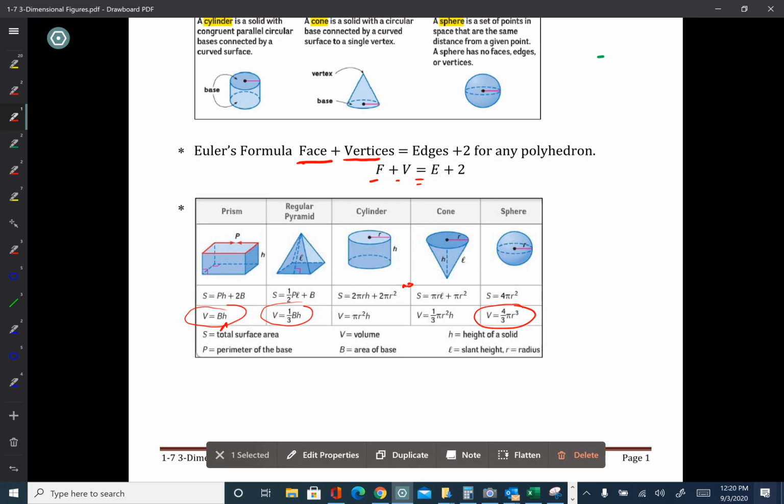Volume of a cylinder is pi r squared h, or big BH. Volume of a cone is 1/3 pi r squared h, or 1/3 big BH. And volume of a sphere is 4/3 pi r cubed. All right? So there you go. Those are the formulas for volume. Tomorrow I'll teach you how to do surface area. But good luck with that, and have a good day.